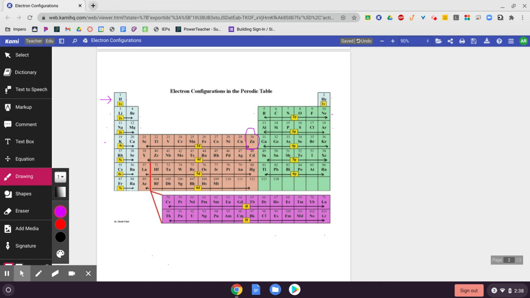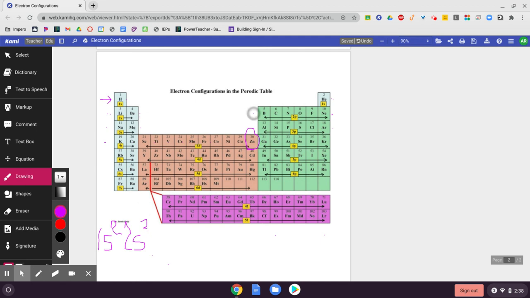So just like always, we're going to start at the top in row 1, and we're going to go all the way through row 1. So we start 1s2. That brings us to row 2. So we have 2s2.